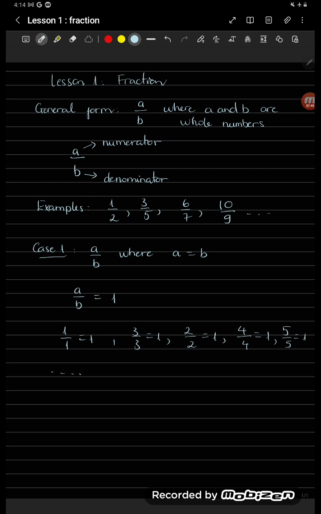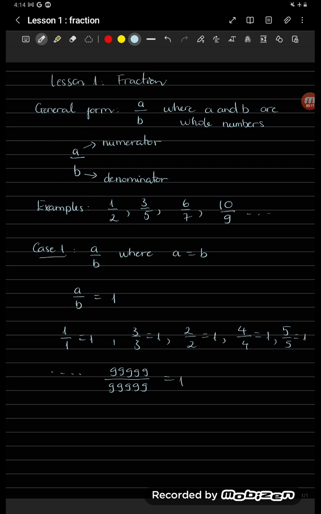Even 9 over 9 also equals 1. It does not matter what numbers A and B are, so long as they are equal to each other, the fraction is always equal to 1. So that's case 1.